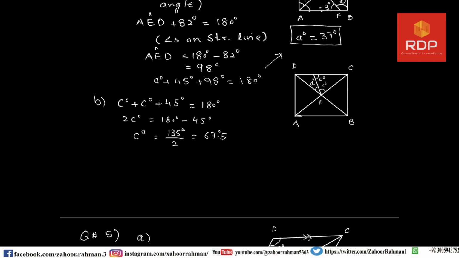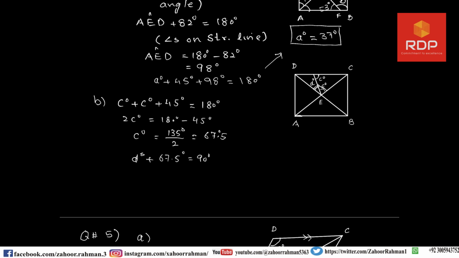I can write here that d degrees plus 67.5 degrees is equal to 90 degrees. We are doing this because this angle is totally equal to 90 degrees, we have studied this property.